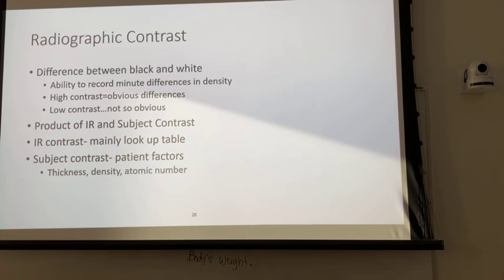So we'll talk about contrast. Contrast being the difference between black and white, and it's the ability to record the minute differences in density. Now, you've all kind of grown up with computers, right? And you've seen the different levels of resolution and also bit depth, right?